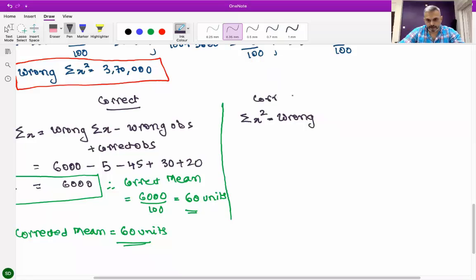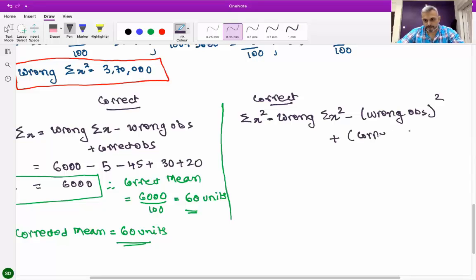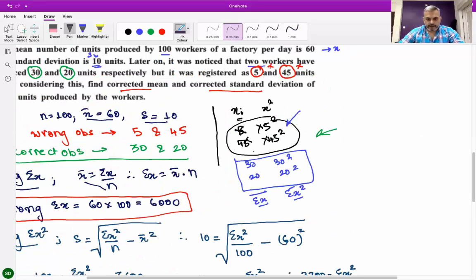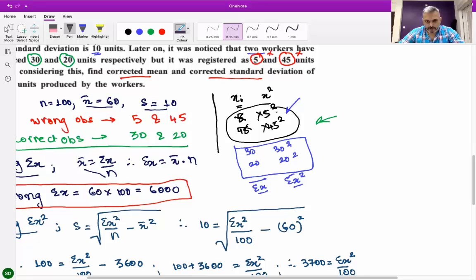Correct sigma x squared is equal to wrong sigma x squared minus square of wrong observation plus square of correct observation. It means we have to remove the square of wrong observation, and we have to add a square of a correct observation. These are to be added and these are to be subtracted.